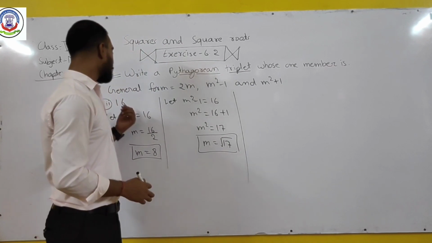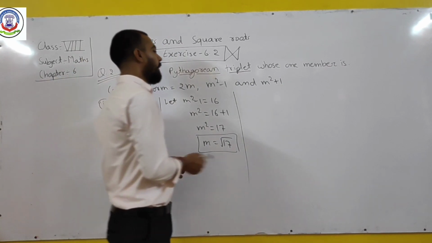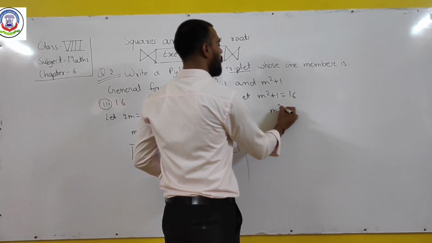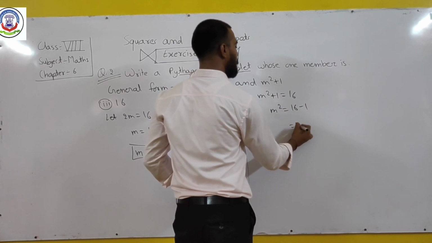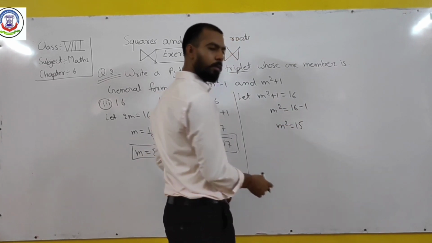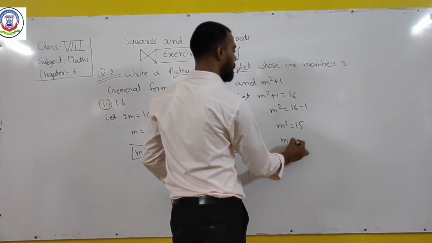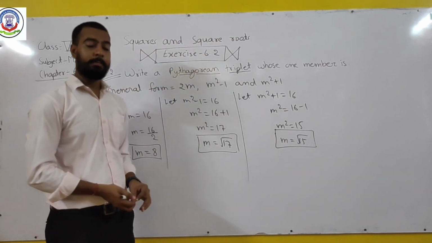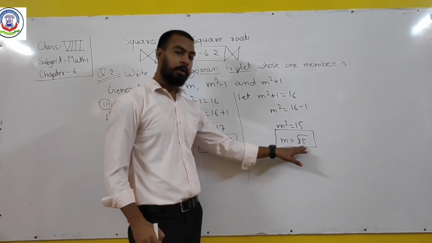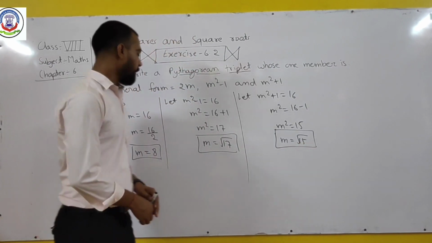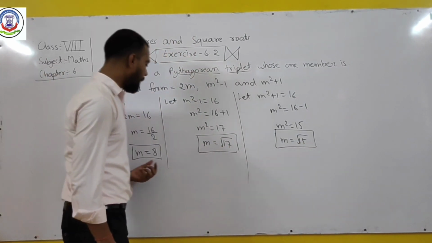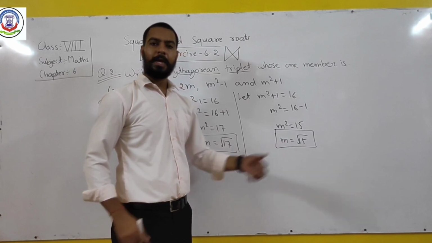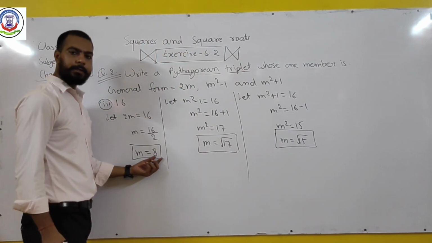Now assume that 16 is the third member, and let m square plus 1 is equal to 16. Now m square is equal to 16 minus 1, it will be 15, and the square root of 15 is root 15, which is not an integer. That means the value of m cannot be root 15. Okay, so we have three values, 8, root 17 and root 15, but the last two values are not integers. That means the value of m will be 8.